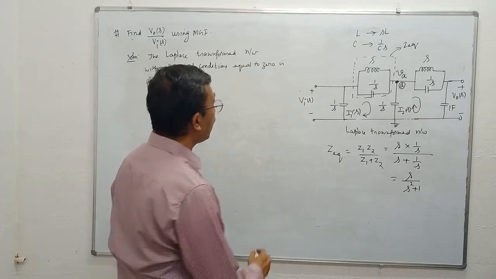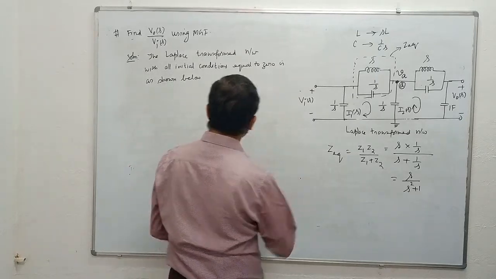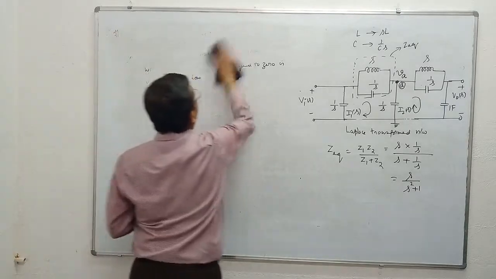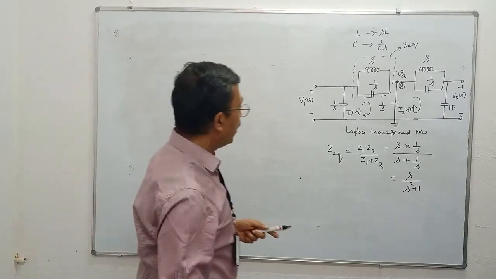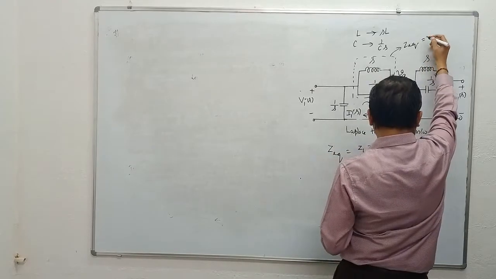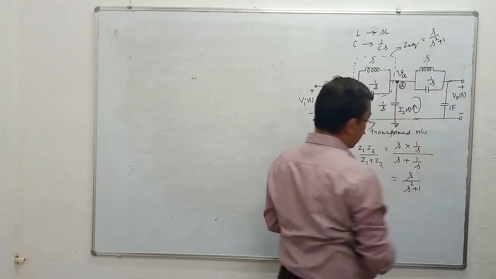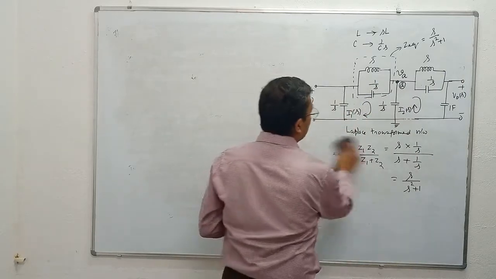So the circuit I will redraw here. Z equivalent is S divided by S square plus 1.